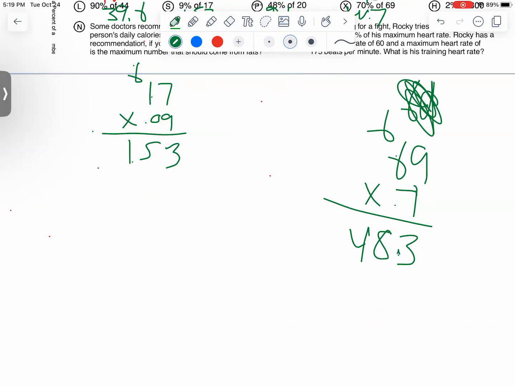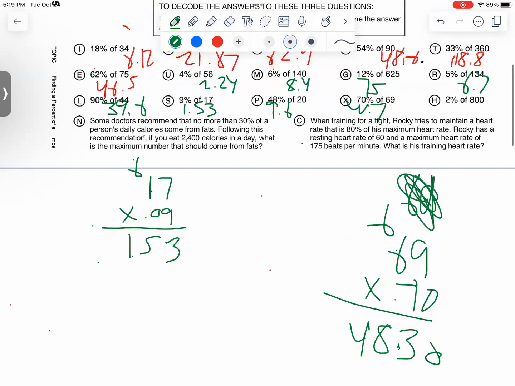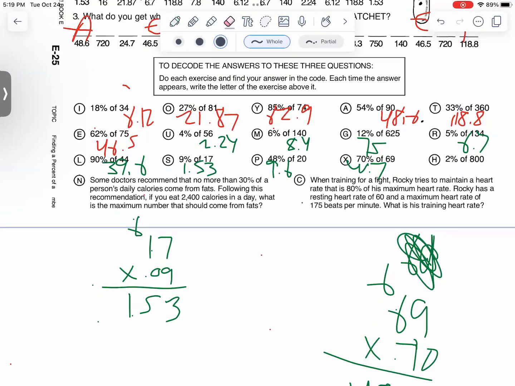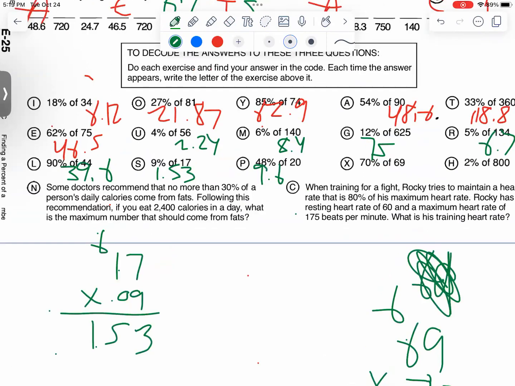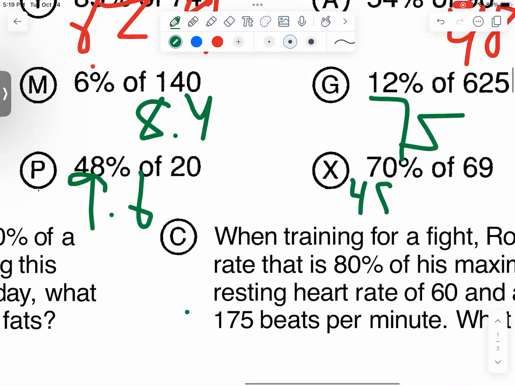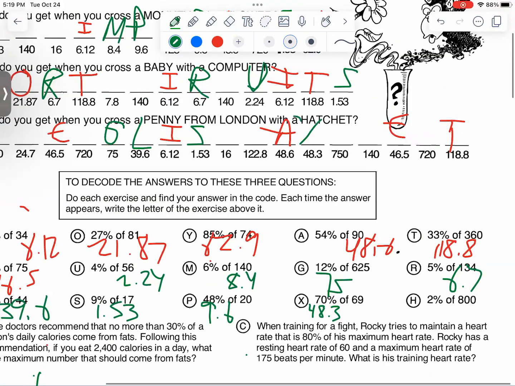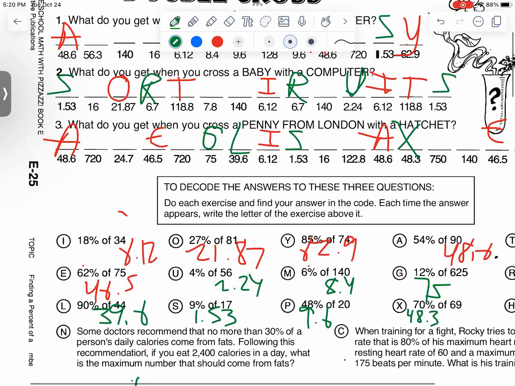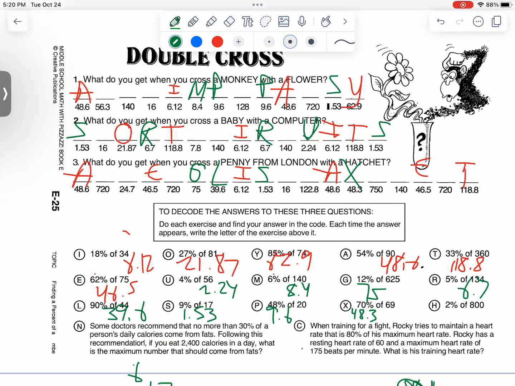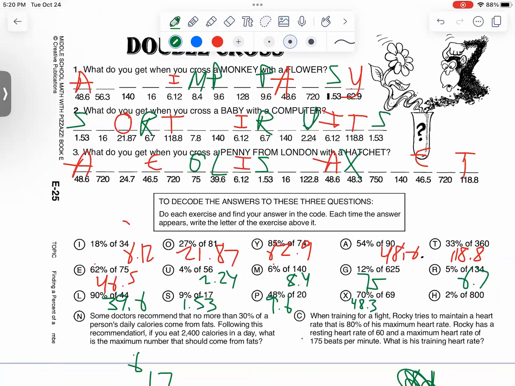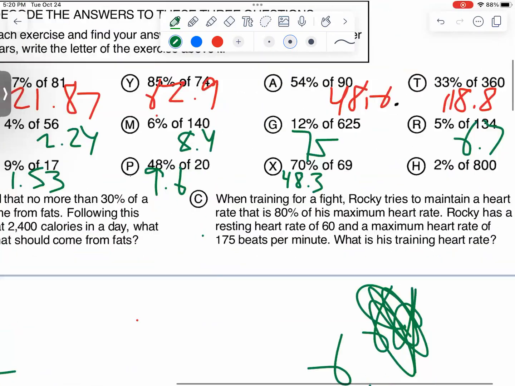If you had a 0 here, you'd have a 0 there, okay, because then it would be 2. Either way, you have 48.3. So we have an X. There's an X. Surely there's not more than one X. And there's not.